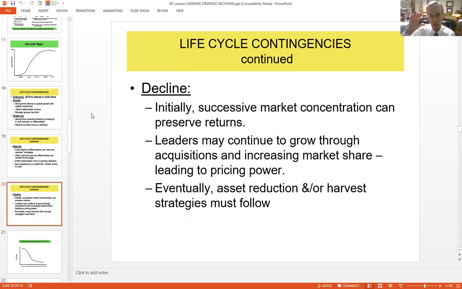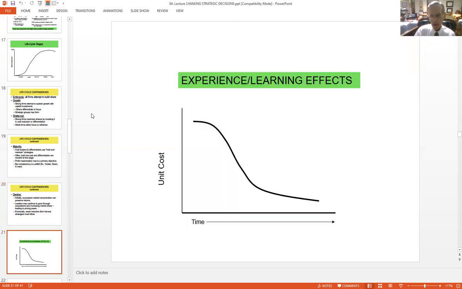It may be that some of the specialists in the industry, or even leaders, identify segments of the market that are still profitable, and instead of participating in all segments, sort of narrow down their focus on those segments that remain profitable. But eventually, if an industry declines, you've got to come to grips with the fact that it might not be here anymore. Now, let's just take a look at another factor here.